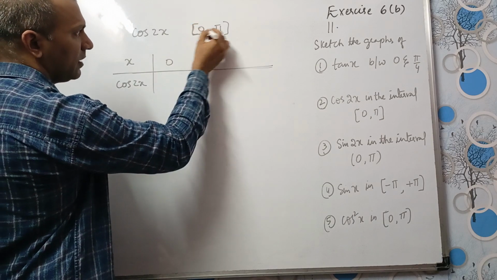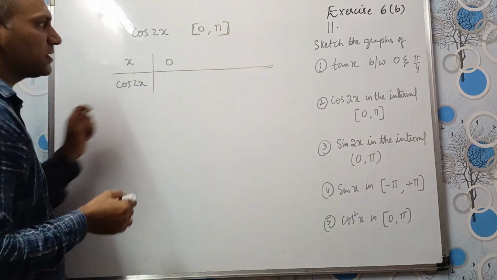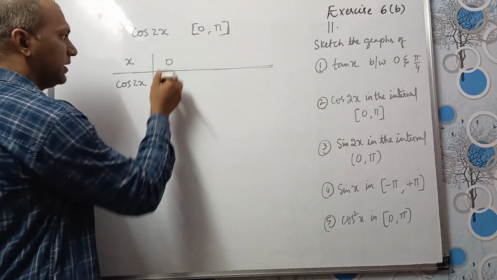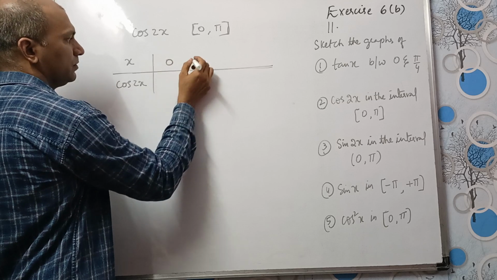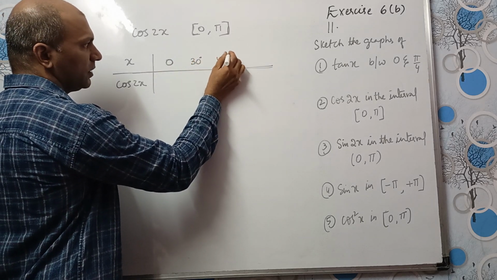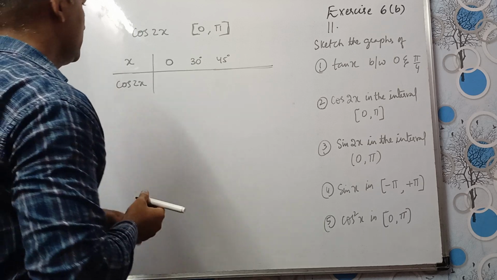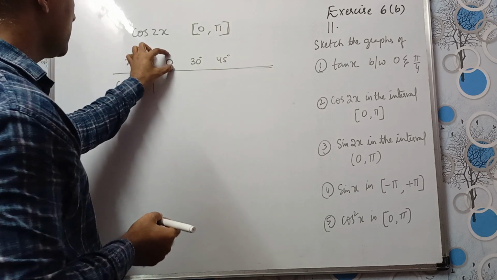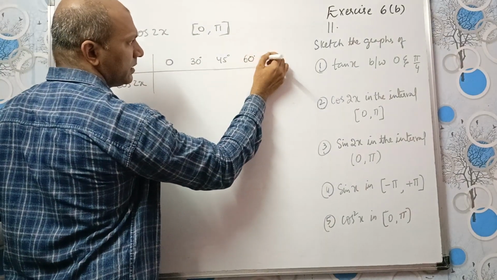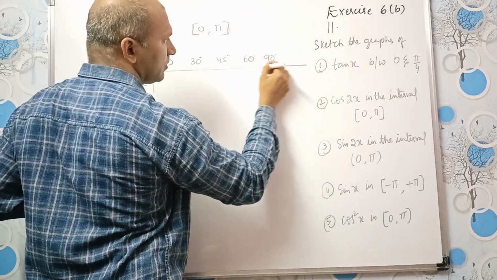We have a square bracket here, which means we should include this 0 and pi. Pi is 180, right? So let us take 0, 30 degrees, 45 degrees, right? So x is 0, 30, 45, 60 degrees, 90 degrees, right?